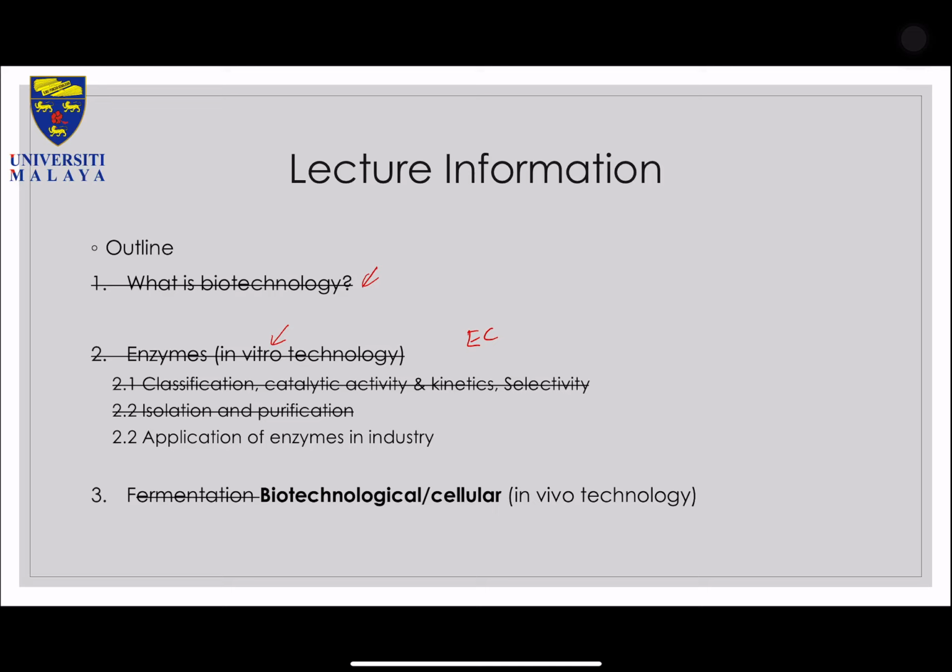Alright, and then we also looked at the catalytic activity, as in the models that are involved, the kinetics, which is the Michaelis-Menten equation primarily, and the selectivity, whereby we looked at the selectivity of an enzyme to a substrate in a few examples. And then we also looked at how to isolate the enzyme and how to purify them.